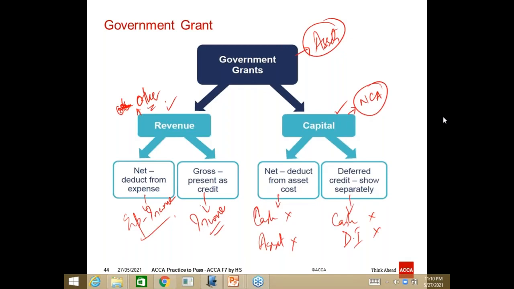No, government grants will never be recognized as a revenue. It can be recognized as an other income, or it could be adjusted with the related expense. It can never be recognized as a revenue.